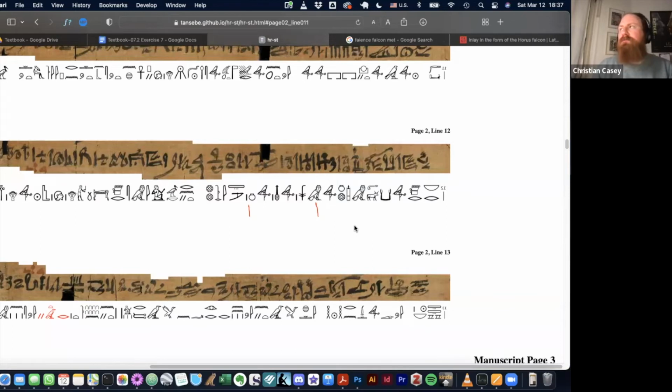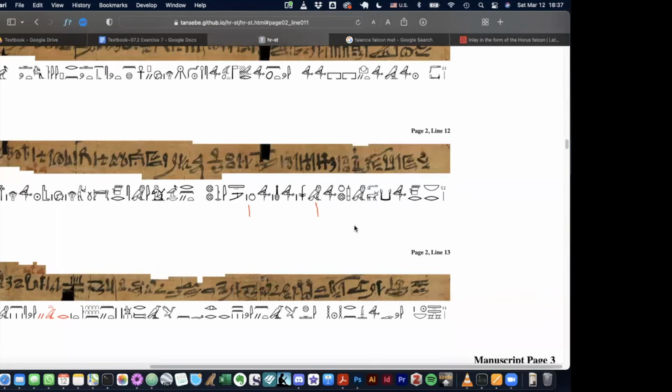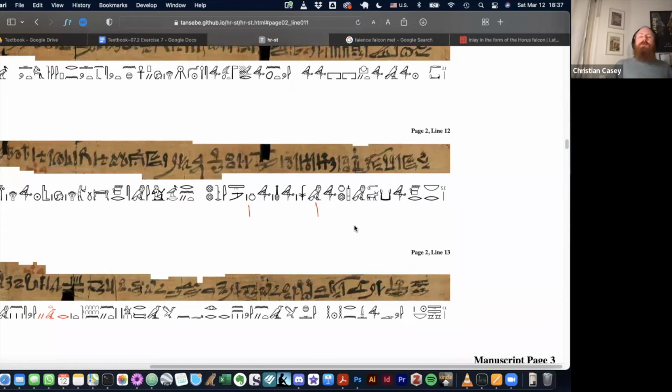We've seen it. If you've done a lot of Coptic, you've seen it. I think it's the way that Coptic noun adjective pairs work. They normally use that N connector. But we don't need a continuing pronoun for that in Late Egyptian. No, I would expect there to be one.